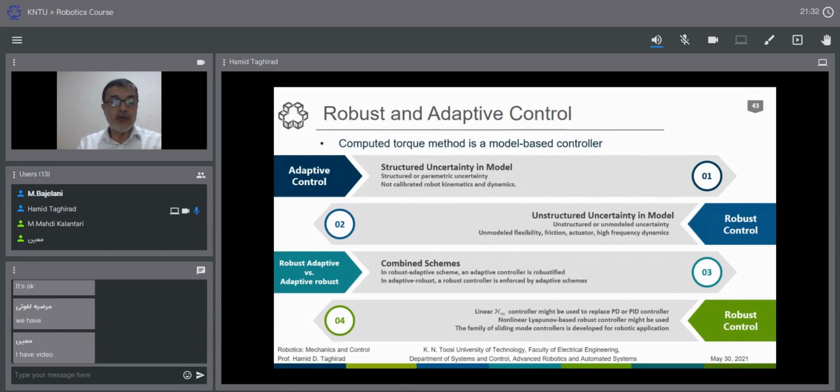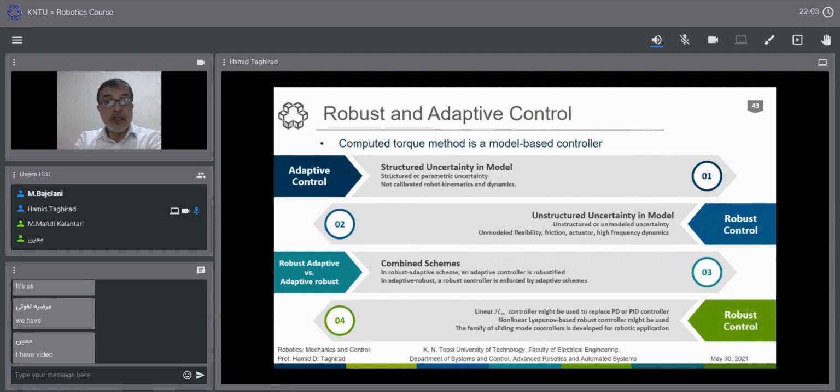Of course, adaptive control has a very large range of development, and we just consider some model-based or model reference adaptive control schemes here in this course. But this is not the whole story. Maybe this is the simplest form of uncertainty.